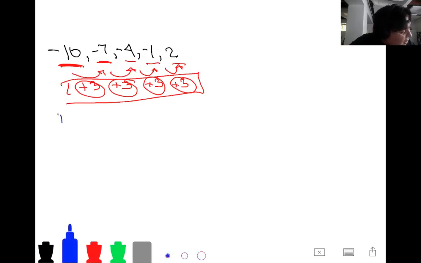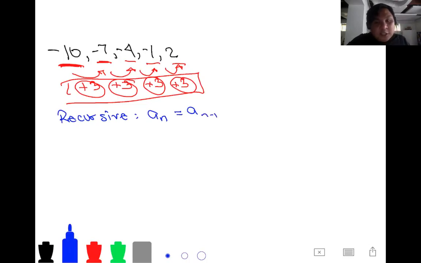Our recursive formula is a sub n, the nth term, equal to whatever the previous term is. That's why we use n minus 1 as a subscript, because it is one term earlier than the nth term.